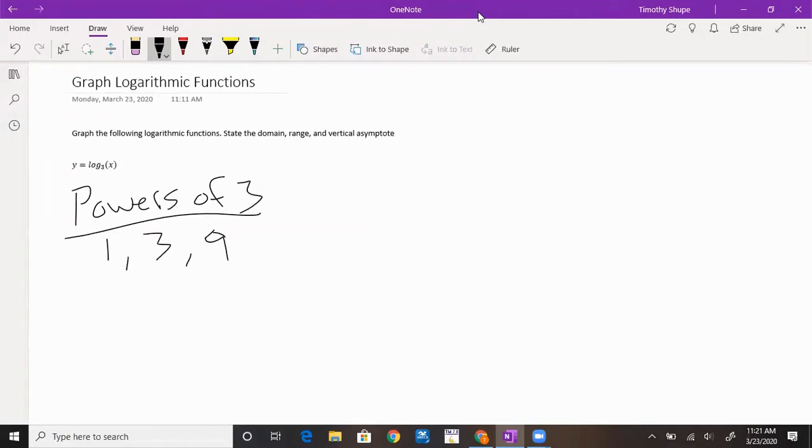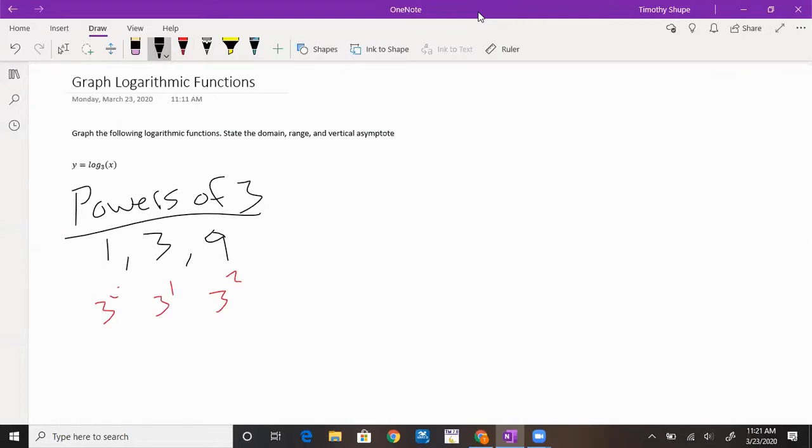Now you may be asking, how is 1 a power of 3? Well, 1 is the 0 power of 3. 3 is the first power of 3, and 9 is the second power of 3. So this is 3 to the 0, 3 to the first, and 3 to the second. Now, why do we care about those values?